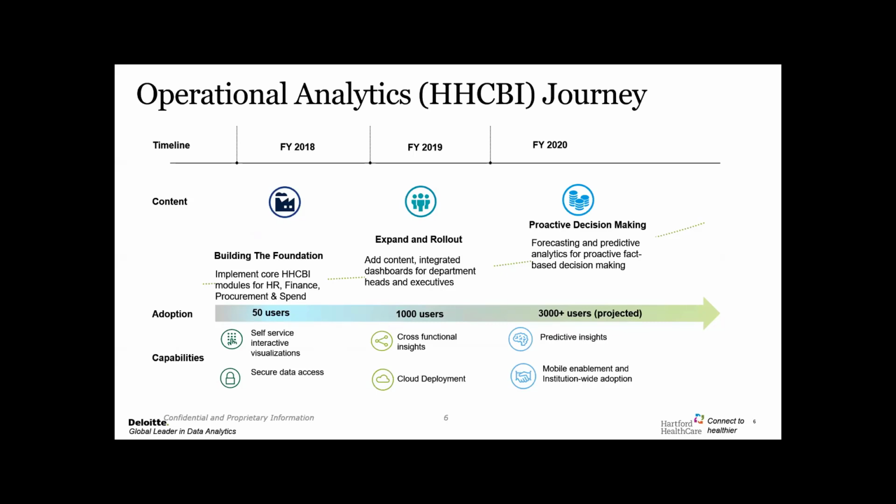At that point, we were all on-prem. One by one, we started adding the security part of it and adding more and more visuals around 2019. And by 2019, we had expanded our dashboards significantly, and the user base also expanded to 1,000 plus users.